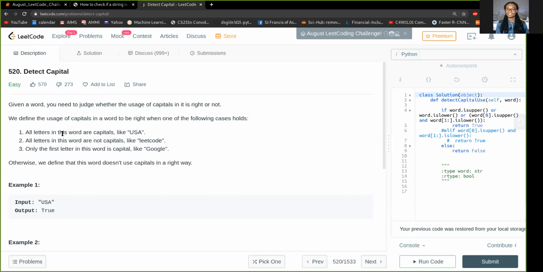First, all letters in this word are capitals, like USA, or all letters in this word are not capitals, like leetcode. And the third one is only the first letter in this word is capital, like Google. Otherwise, we define that this word doesn't use capitals in the right way. So that means that you return false.